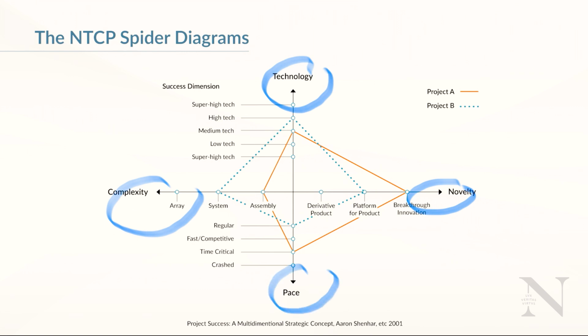We use the acronym NTCP to denote these 4 dimensions. A spider diagram visualizes these 4 dimensions. As an example, a defense project of high complexity should be evaluated very differently than a consumer app of high novelty and fast pace.